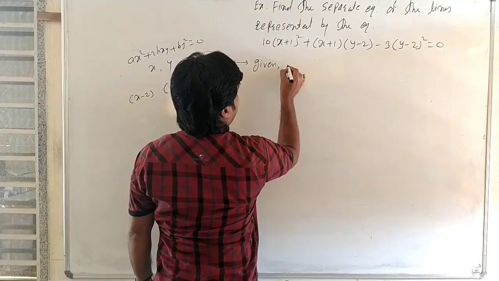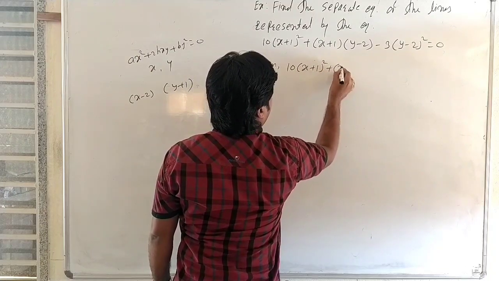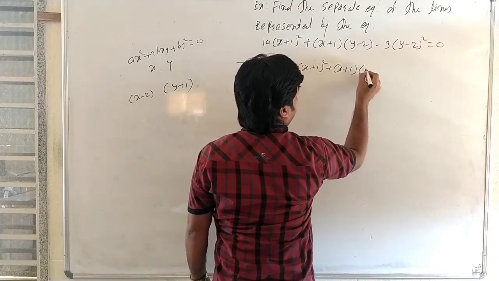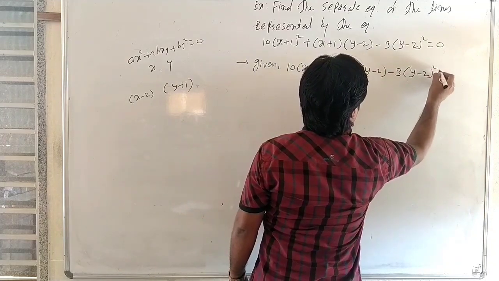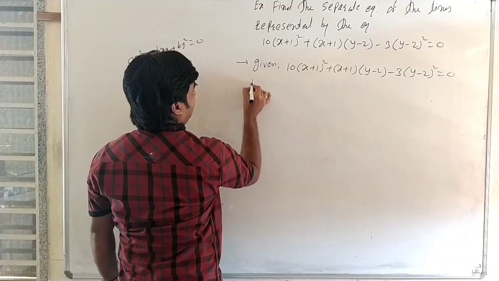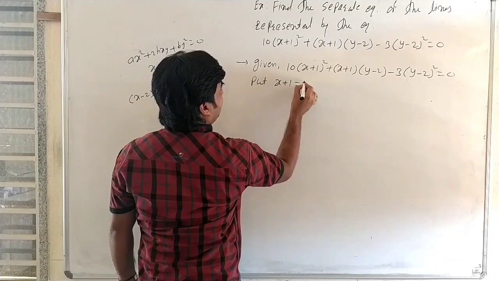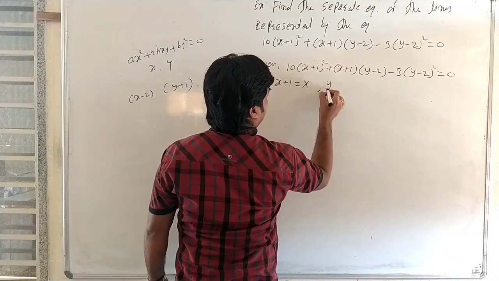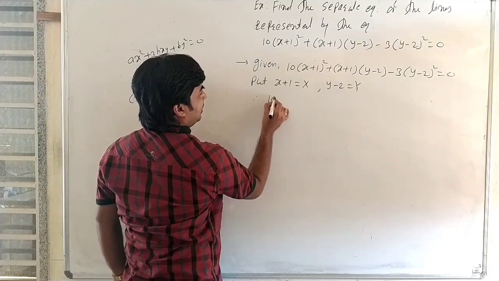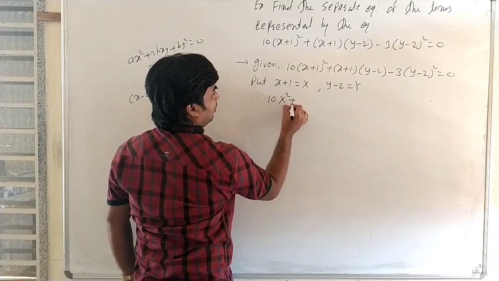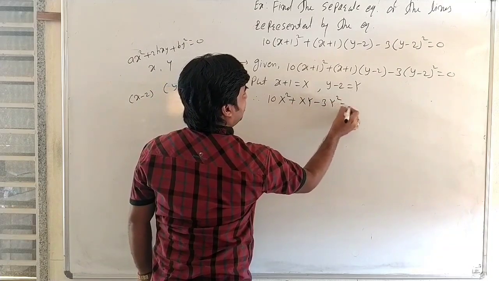Now the given equation is 10 (x plus 1) square plus (x plus 1)(y minus 2) minus 3 into (y minus 2) square. Here put x plus 1 is equal to capital X and y minus 2 is equal to capital Y. Therefore, we can write 10X square plus XY minus 3Y square is equal to 0.